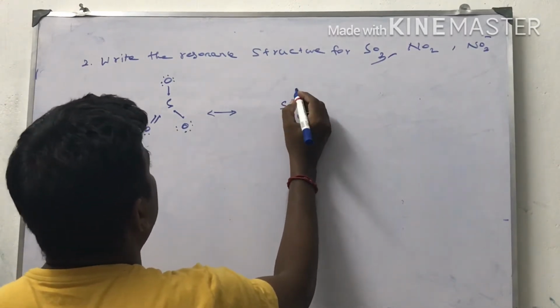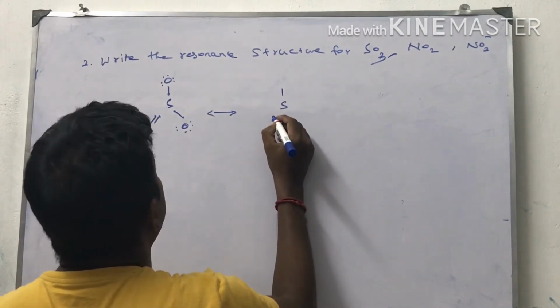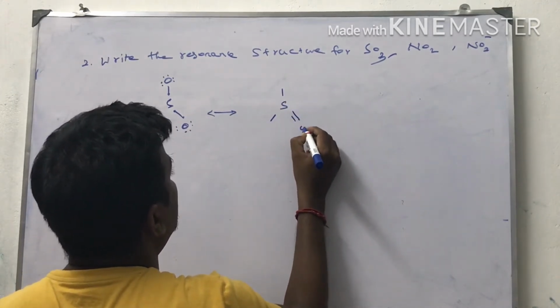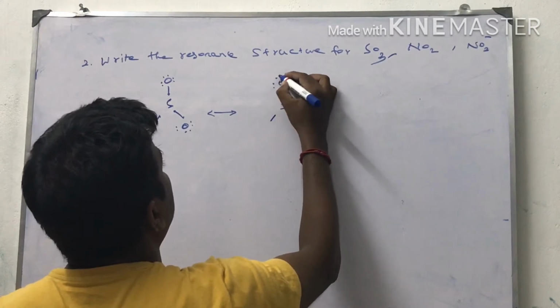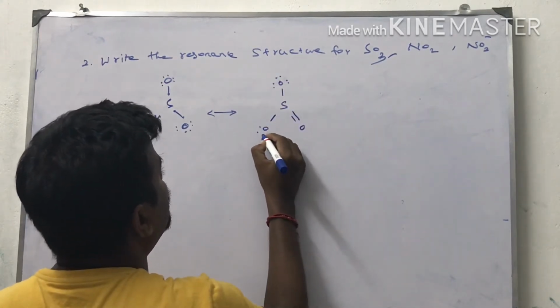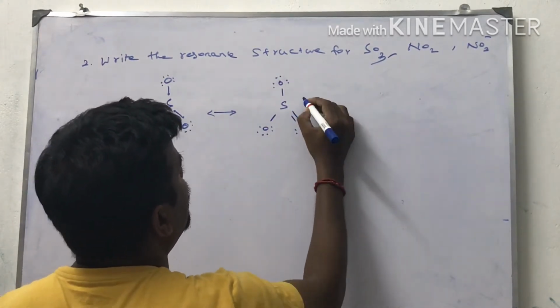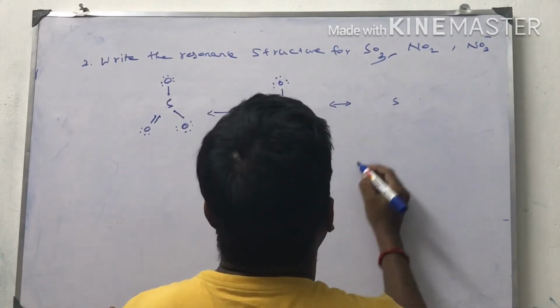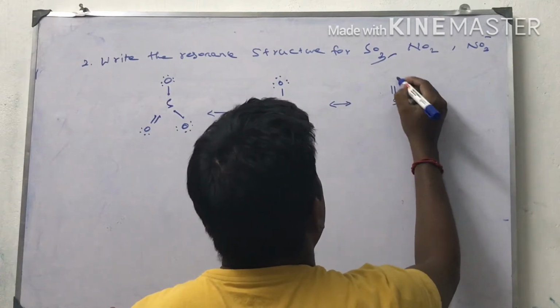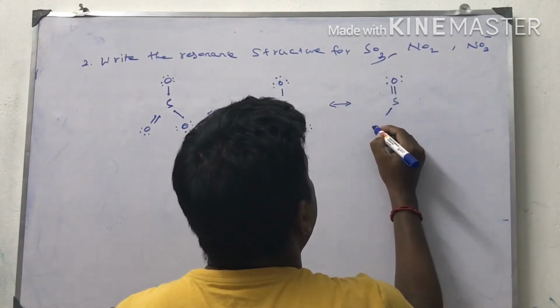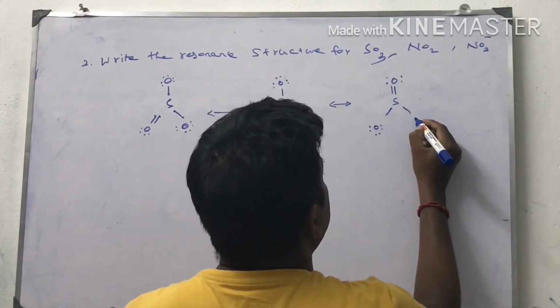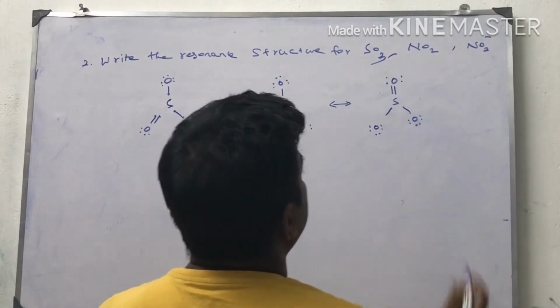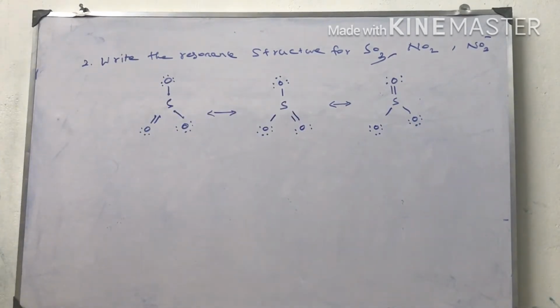Next one is sulfur trioxide, with one single bond and double bonds to oxygen. Right. Next one is sulfur trioxide. This is the resonance structure for SO3.